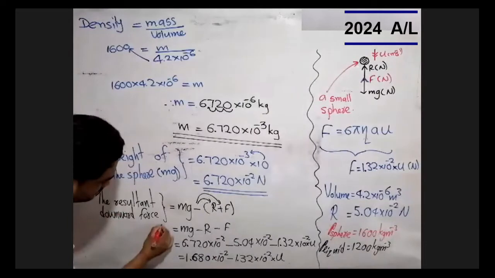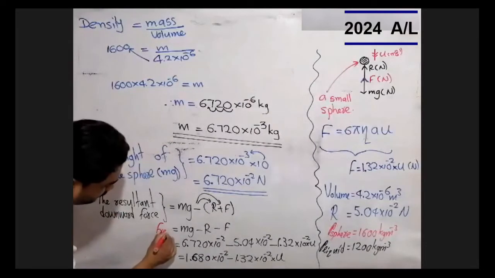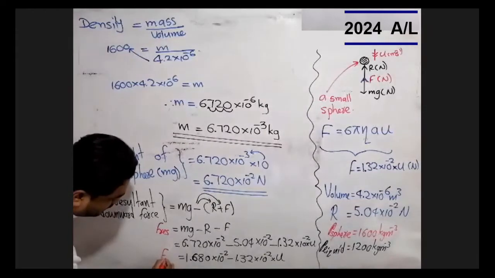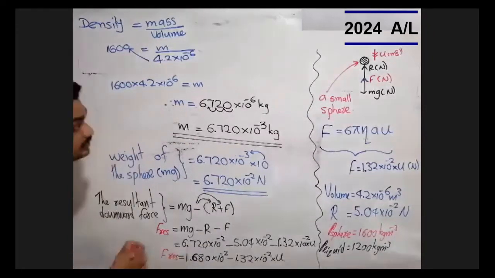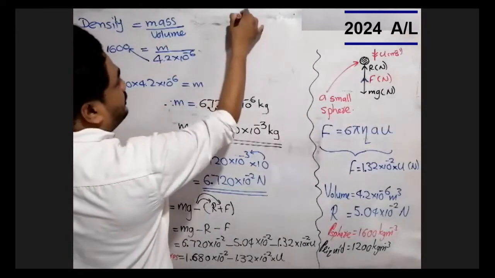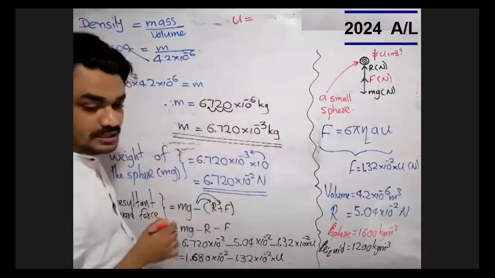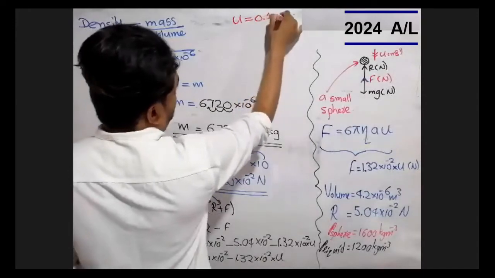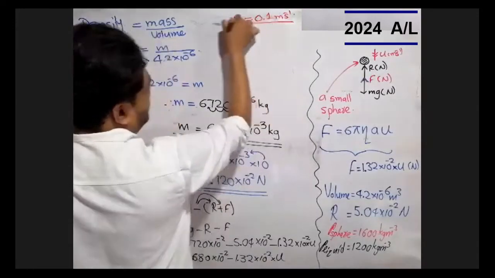Let me use this symbol for the resultant force, F res. I'm going to find the resultant force acting on the sphere when the sphere is moving with a velocity of 0.1 meter per second.